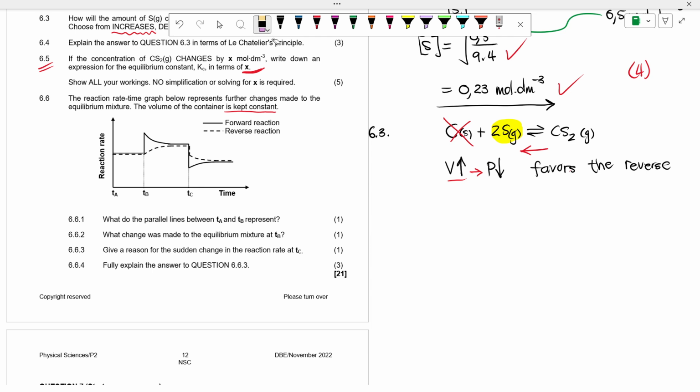I'll take that. Kanya, what would you have said? What do those parallel lines represent?